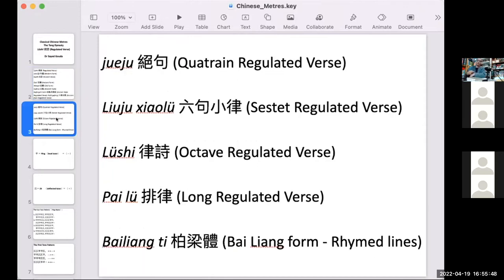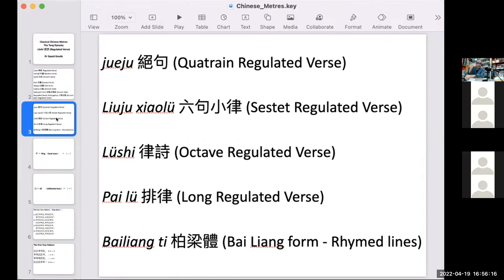So the form of the poem in the Tang Dynasty changed or took different names according to the length of the poem. If the poem is 4 lines, then it's called Cueji, quatrain regulated verse. If it's 6 lines, meaning sestet, then it's Liu Qi Xiaoli.